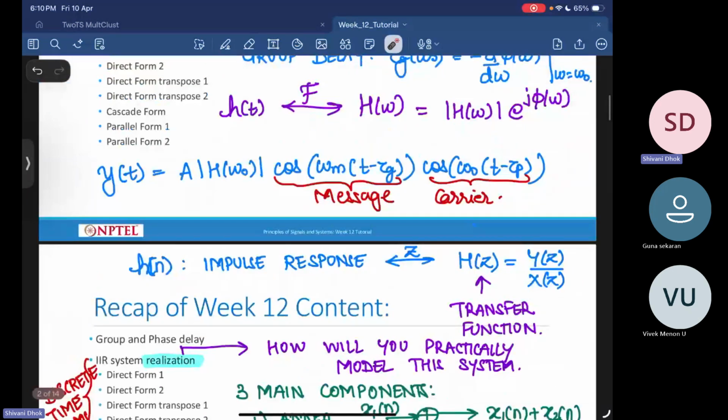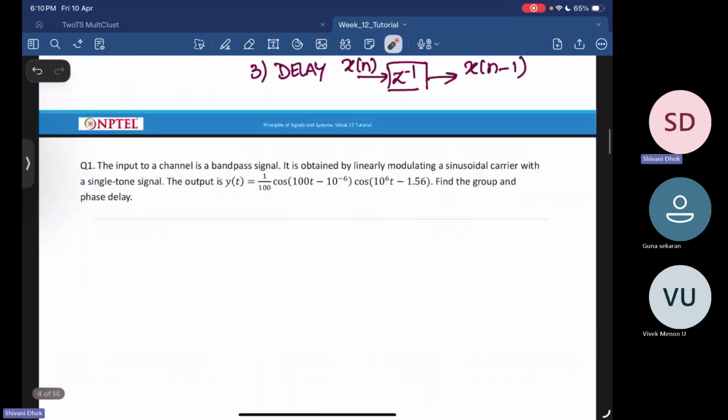So this is basically of this form, and this omega naught was your carrier, this omega m was your message signal, that is your single tone. So the single tone signal that we are referring to is basically corresponding to your omega m, and sinusoidal carrier corresponds to your omega naught. And in communication systems, your single tone message signal will have a much lower frequency compared to your carrier signal.